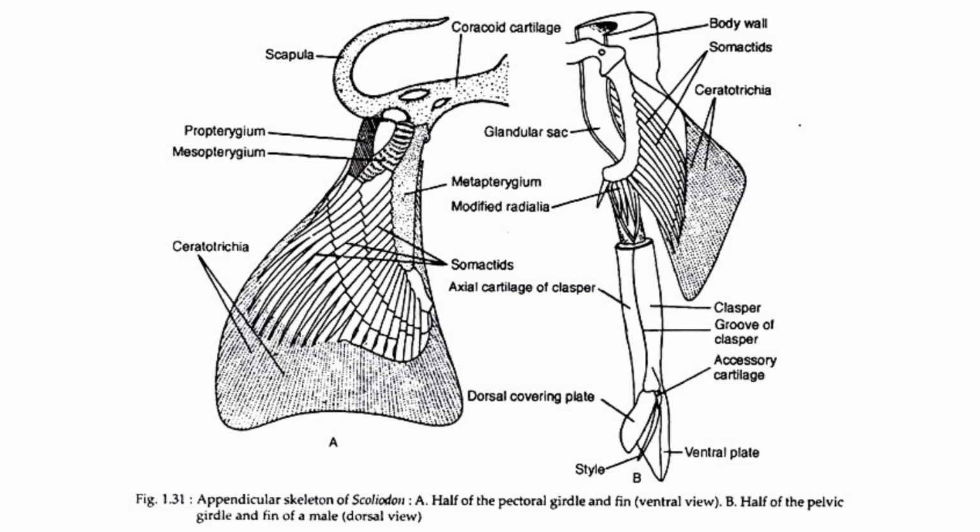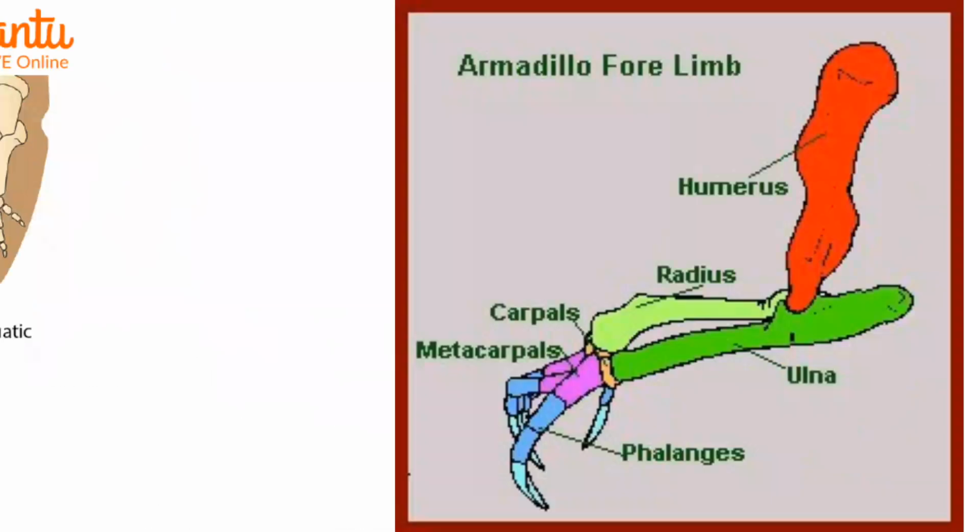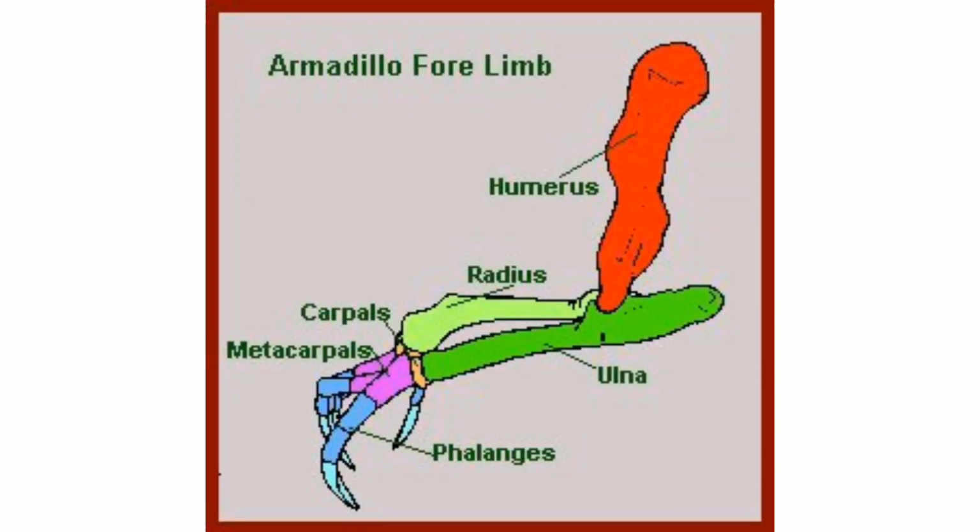A typical tetrapod limb consists of 3 main regions. They are upper arm, forearm, manus. So here observe this picture. Basically a plan of tetrapod limb: upper arm, forearm, manus.